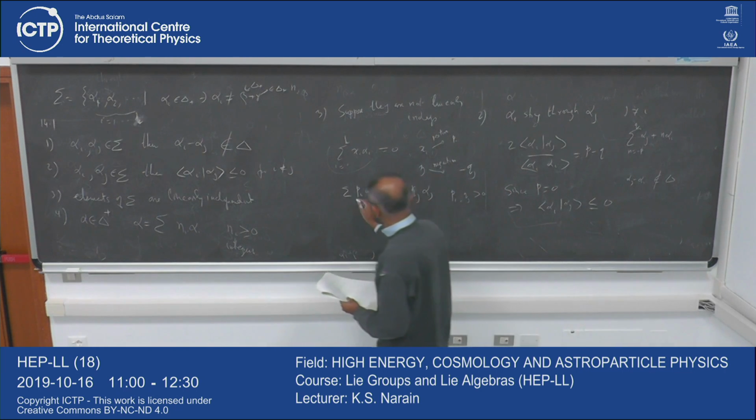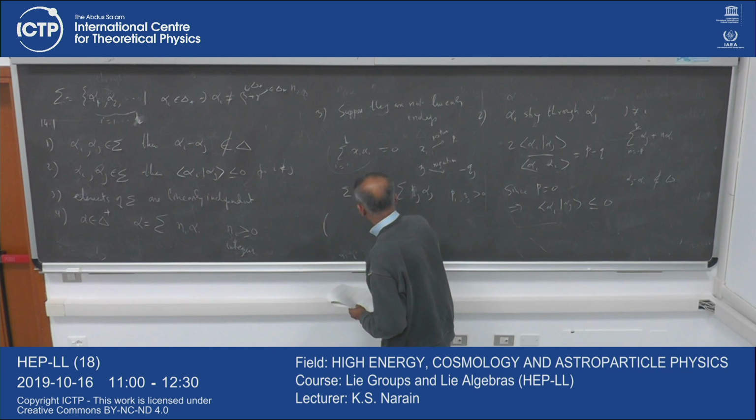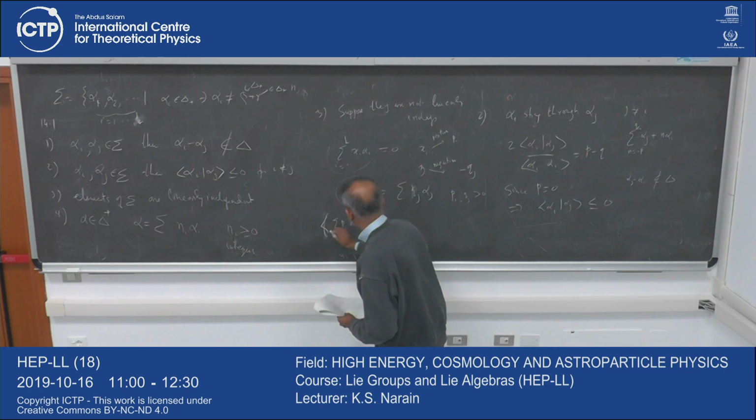So now let's take the square of this. The norm of this combination of roots, sum of pi alpha i, let's compute this.